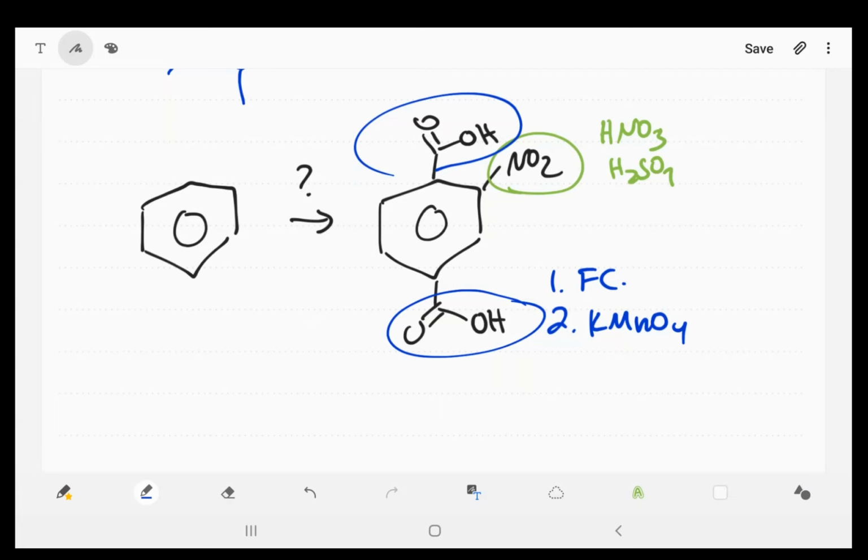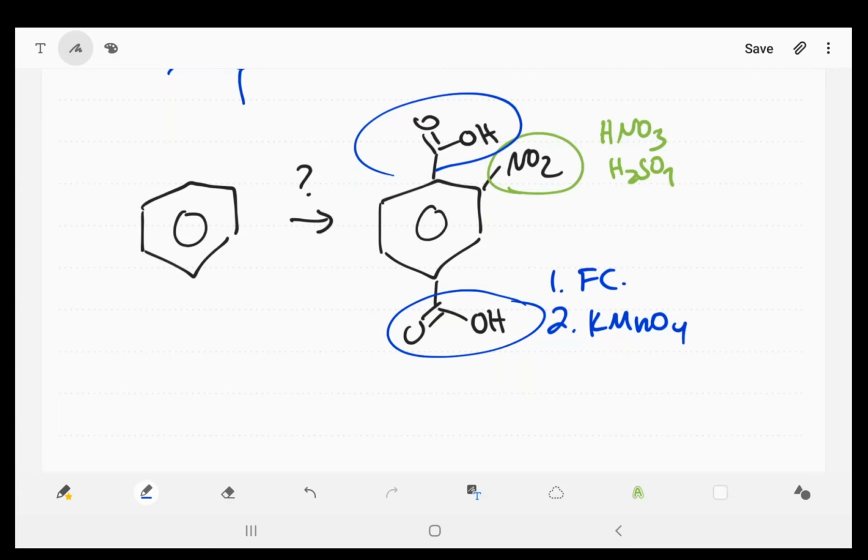So all of these things are deactivating groups, right? Carboxylic acids are moderate deactivators, and the nitro group is a strong deactivator. We want to look at the positions relative to each other, and that will probably help us out in determining what to put on first.